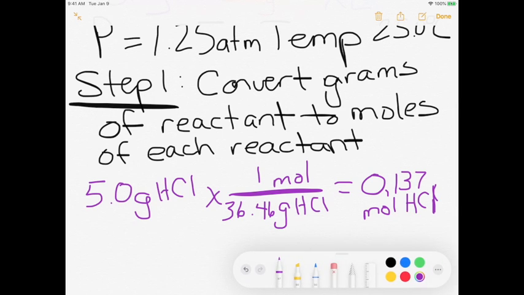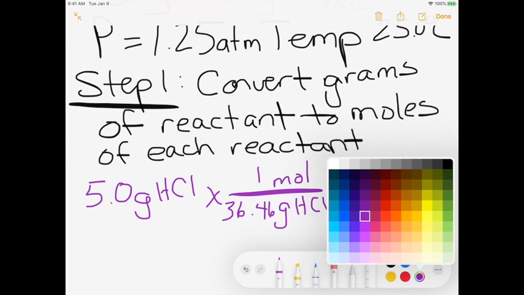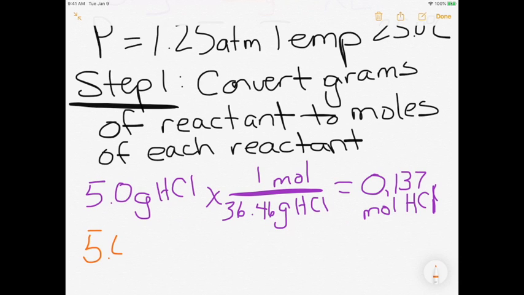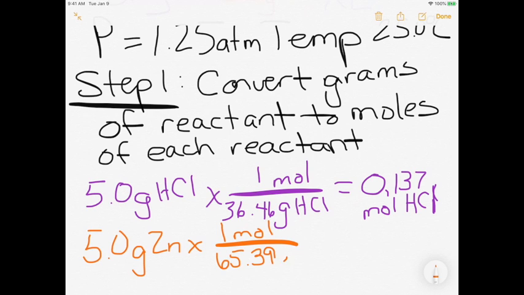Again, I'm going to do the same thing with zinc. I have 5.0 grams of zinc, and my molar mass for zinc is equal to 65.39 grams.